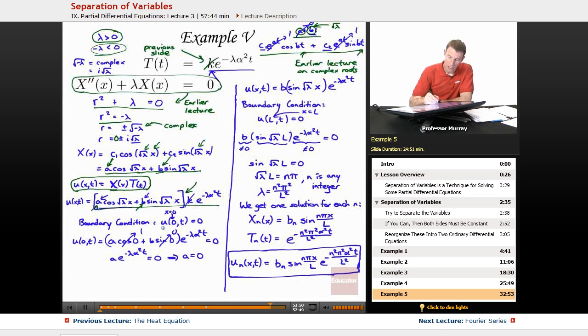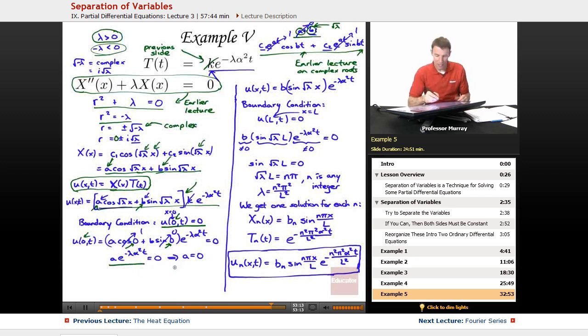Now our boundary condition was that u of 0, t is equal to 0, which means you're plugging in x equals 0. When you plug in x equals 0, the cosine of 0 is just 1, the sine of 0 is just 0, and so you get A times e to the something is equal to 0.